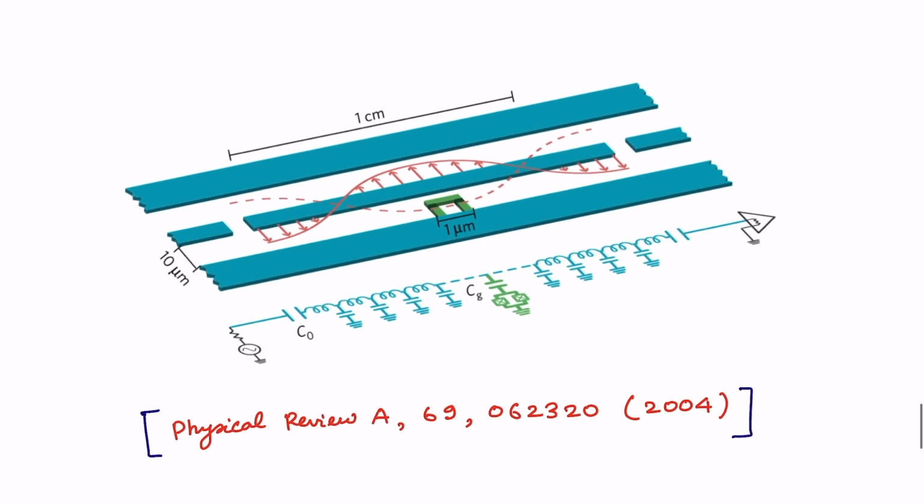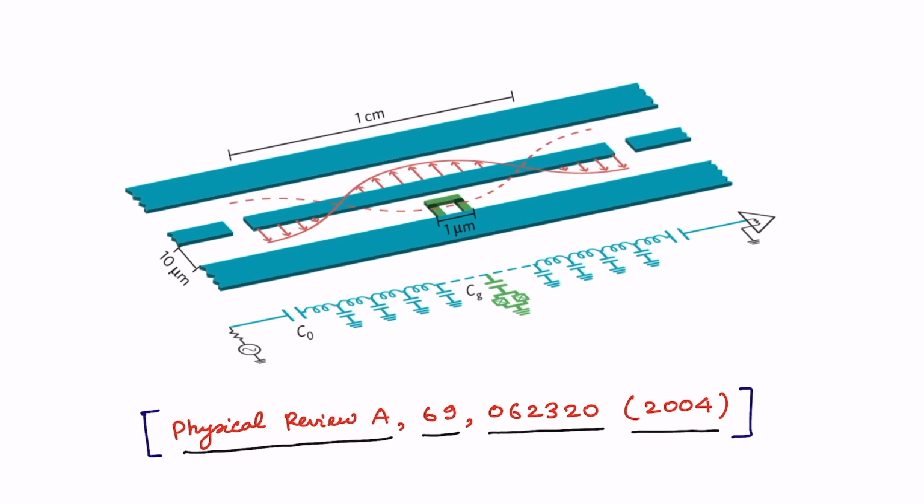Now here in this figure, I am showing you a typical microwave transmission line resonator, and this figure is taken from the journal Physical Review A, volume 69, page number 062320. This was published in the year 2004 and it's a landmark paper in circuit QED. And I encourage all of you to go through this paper.